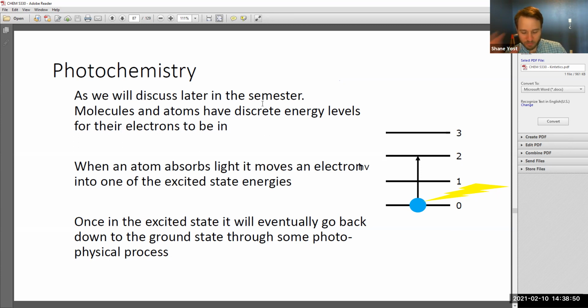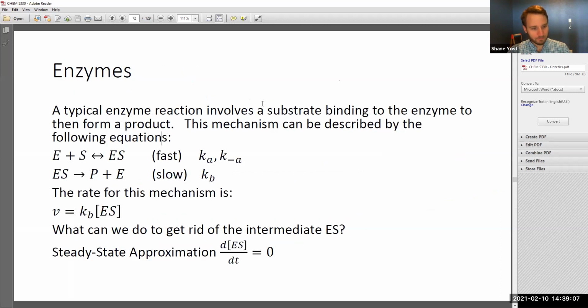Here we're just going to use the fact that the electronic states of your molecule have discrete energy levels, and you can go from one to the other by absorbing or emitting light. And let's talk about the kinetics of that process. Okay.